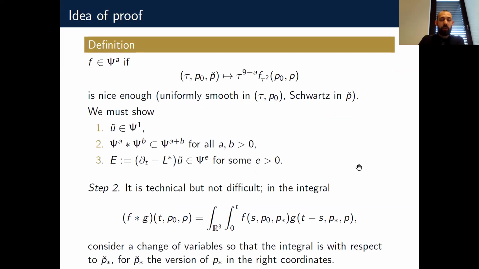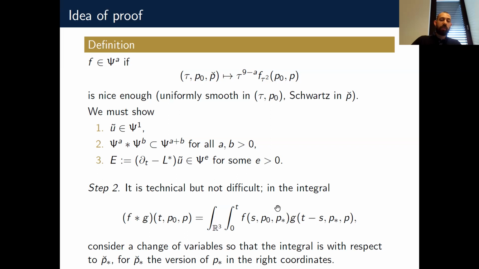Step 2 is somewhat difficult. It's the one where, if I take a function that has one level of regularity and another function that has another level of regularity, then I'm increasing the regularity when I take the convolution. And it's a bit subtle. To actually write it down, because the idea is not difficult, you just have to write down the integral.